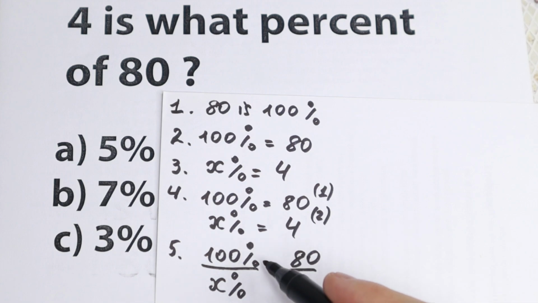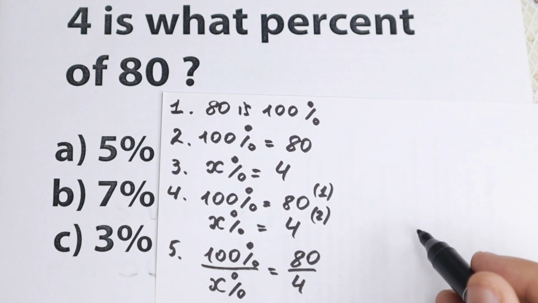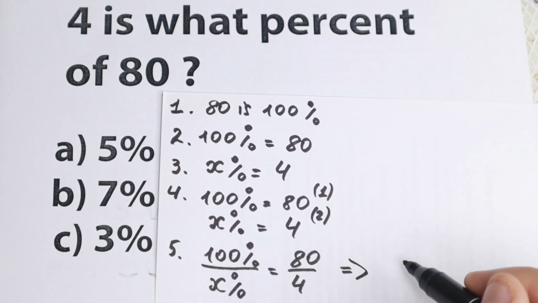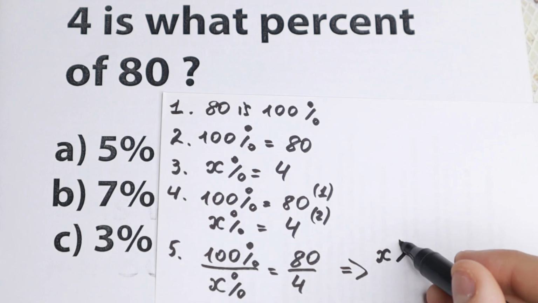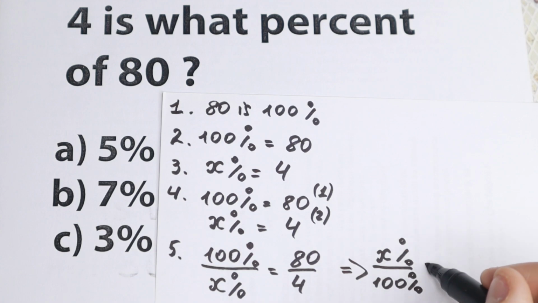Taking the reciprocal of both sides yields x% over 100% equals 4 over 80.